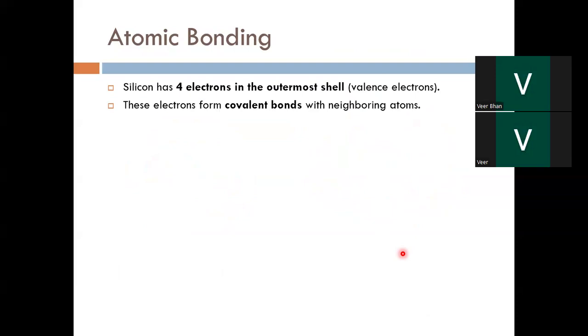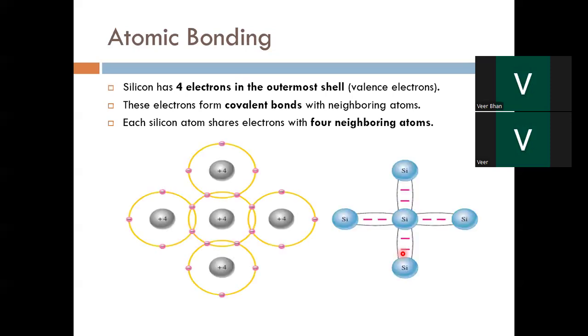These electrons form covalent bonds with neighboring atoms. And we know in a covalent bond, the electrons are shared. So each silicon atom shares electrons with 4 neighboring atoms. Let's see from this figure.